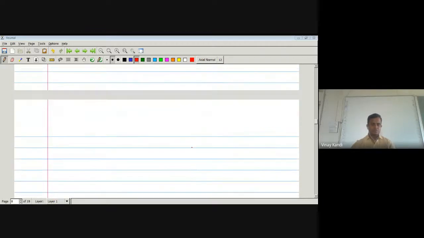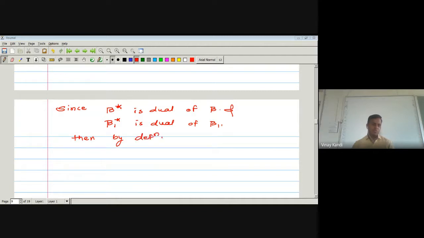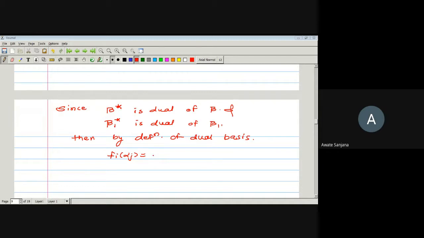Now B star. Since beta star or B star is the dual of beta, and beta 1 star is the dual of beta 1, then by the definition of dual basis we can write fi of alpha j is equal to the Kronecker delta, delta ij.